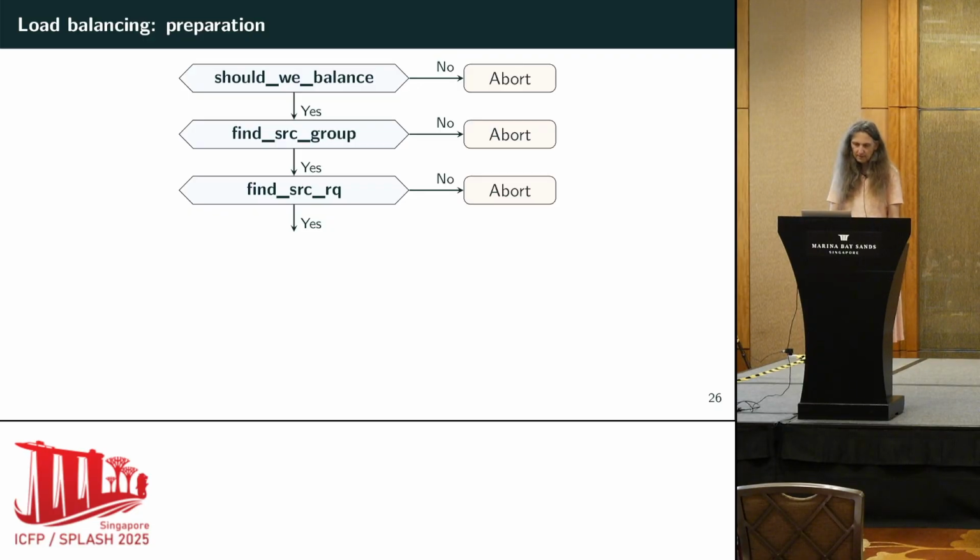Should we balance? Find source group. The whole thing is hierarchical. We do load balancing at a certain level. At that level, there are children, which are groups of CPUs that we might like to steal things from. So we try to find the busiest group, and then inside the busiest group, we try to find the busiest run queue. That's what these two things here are. So we make all these checks.